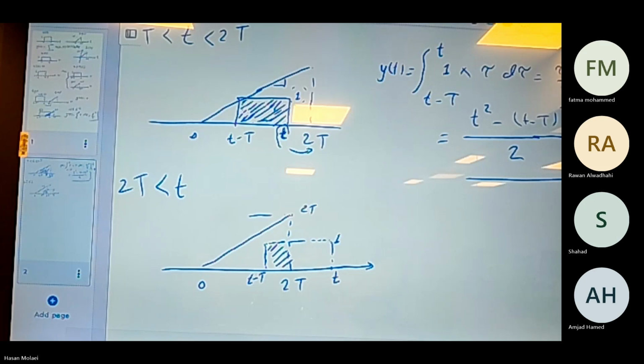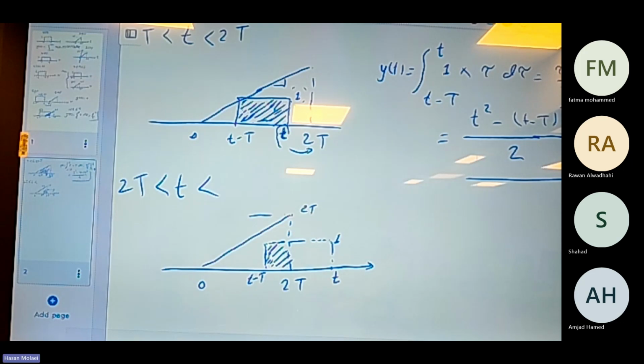Until when? Until the rectangle completely goes out, when the overlap would be 0.